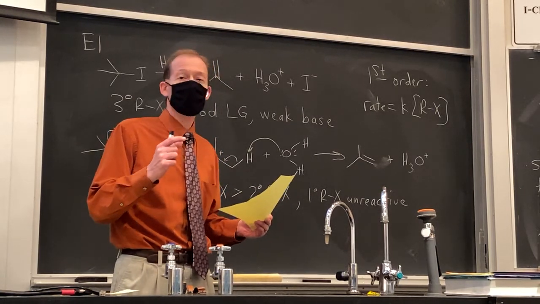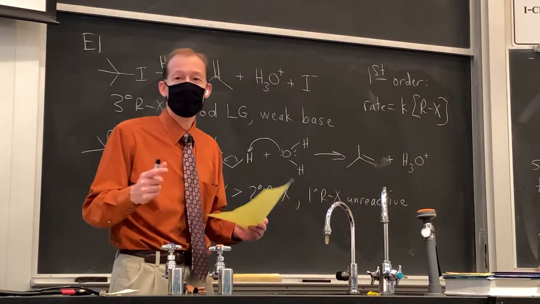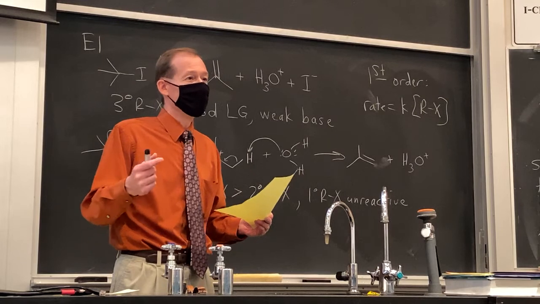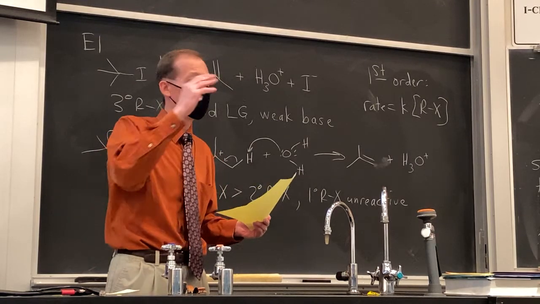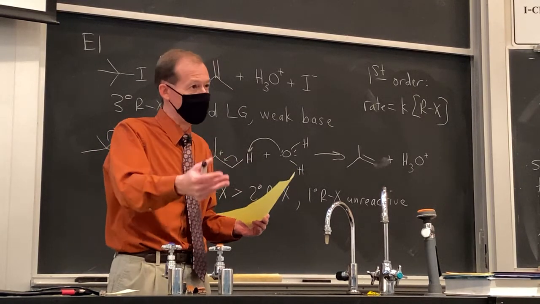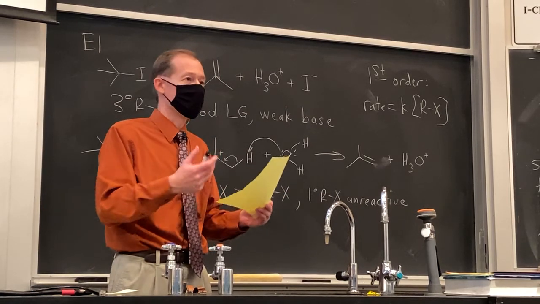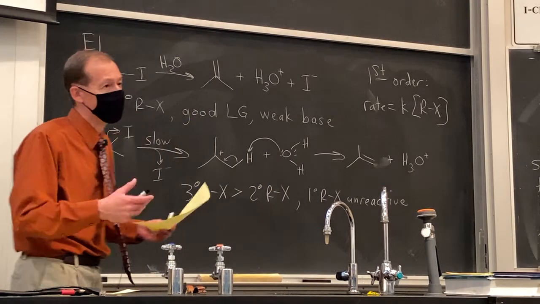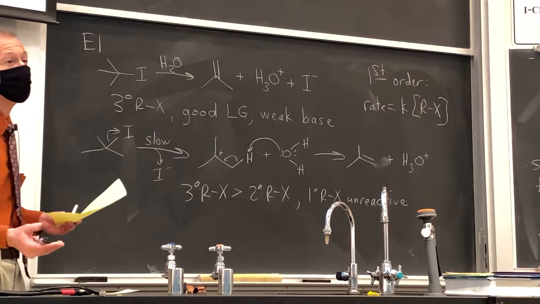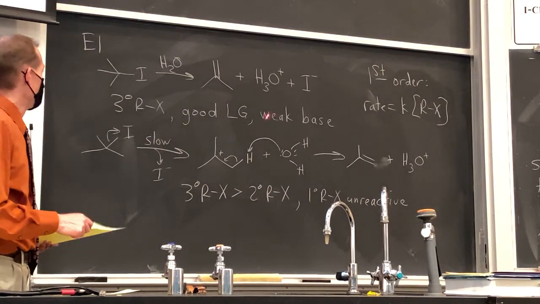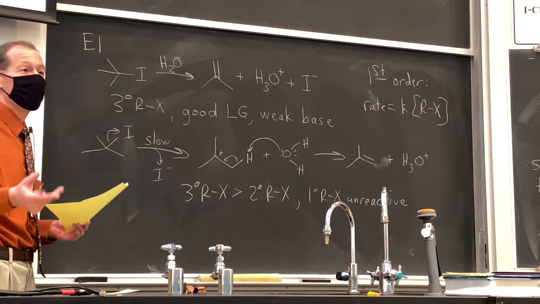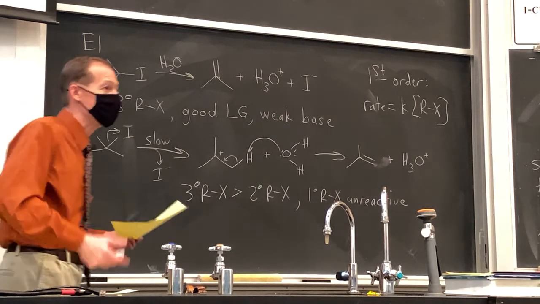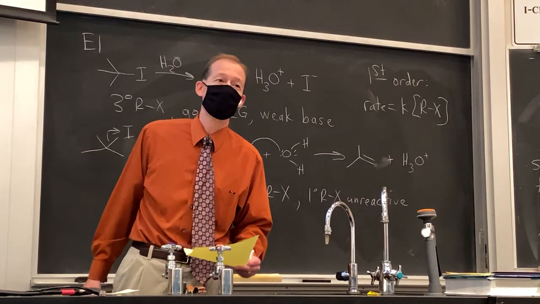The base would have to participate in the rate determining step, and a weak base is not strong enough to deprotonate an alkyl halide. So you have too high of a barrier for E2 with a weak base, and therefore you have to sit around and wait for the carbocation to form, which the weak base is now able to deprotonate. Okay, so the reason weak base is required for E1 is because a strong base would undergo the much faster E2 reaction. Questions?